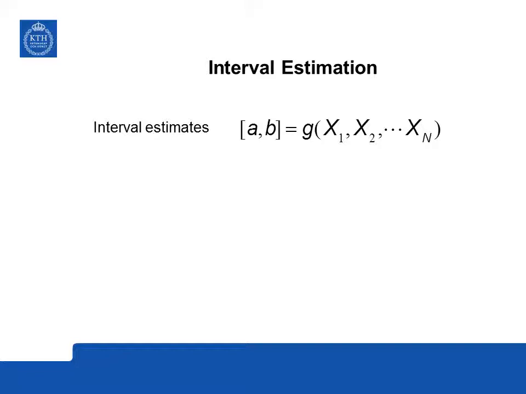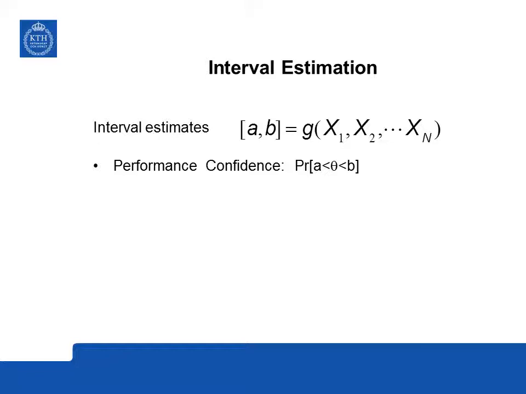Since x1 to xn are random variables, now we have two quantities, a and b, that we have to compute, and these of course will be random variables themselves. The performance of this interval estimate, or confidence interval as it's normally called, is the confidence, which is the probability that the actual value of theta falls between these two random numbers a and b.